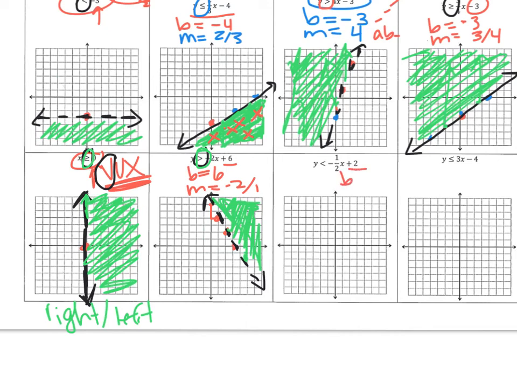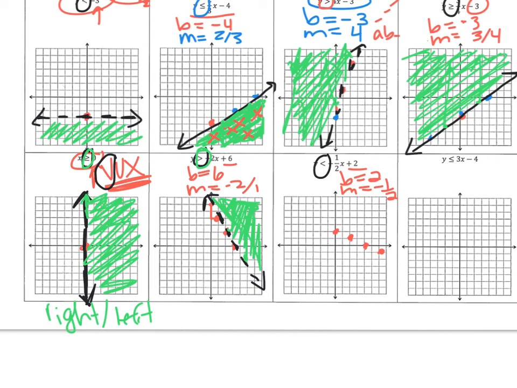Begin with B. You're going to be saying that in your head forever. Move with M, -1/2. So we're going to begin at 2. And then we're going to move down 1, right 2. Down 1, right 2. Or I could go up and left. I'm going to erase these. They were just to help me graph. All right. Let's decide on solid or dotted.